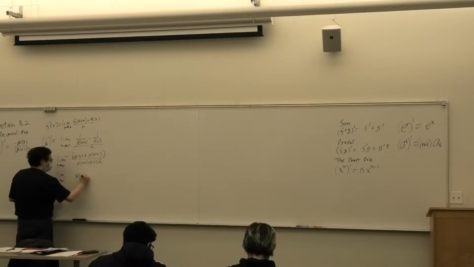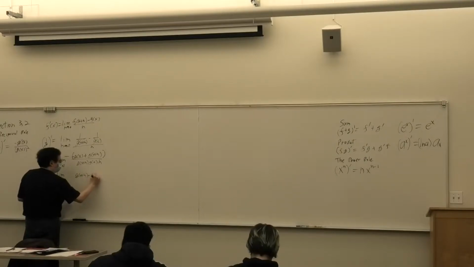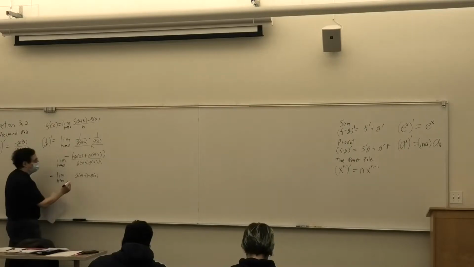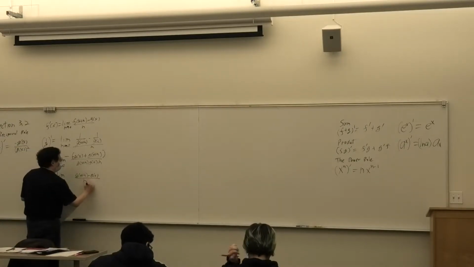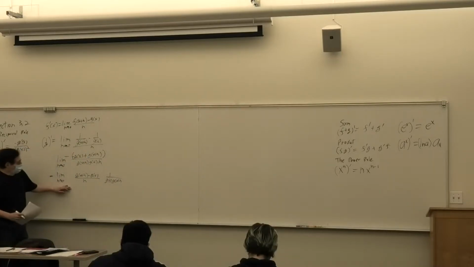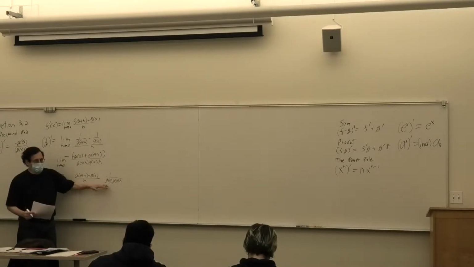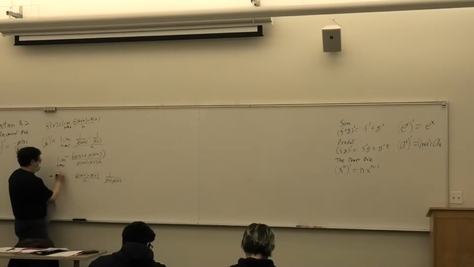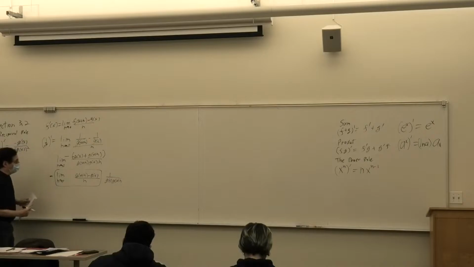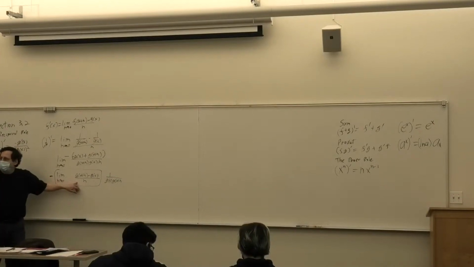So g of x plus h minus g of x, putting the minus outside because it's a constant, over h, times 1 over g of x times g of x plus h. Well, the limit of a product is the product of the limits. And in particular, this limit we should recognize right away.